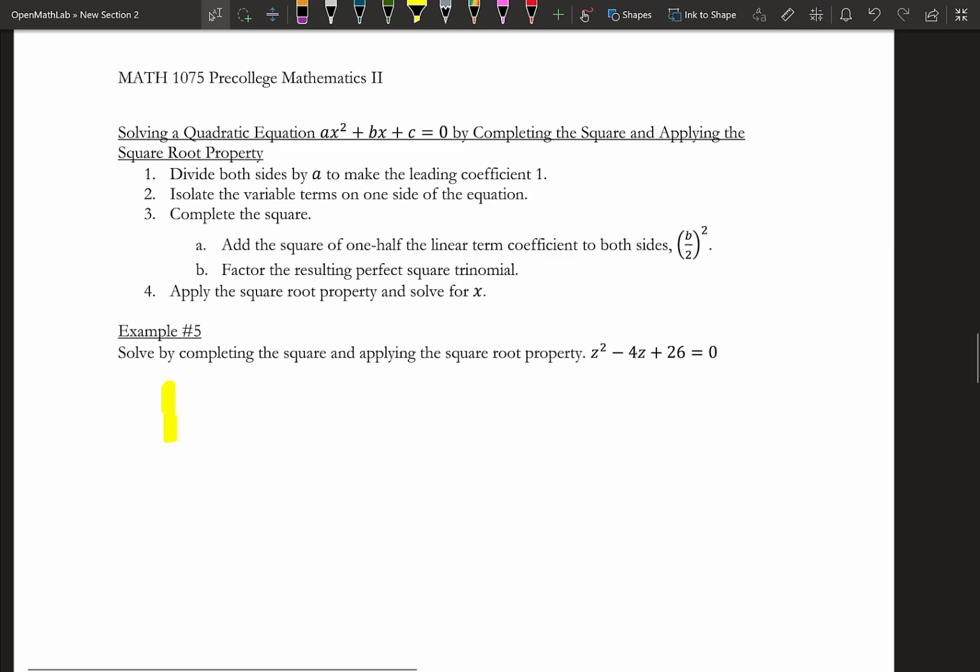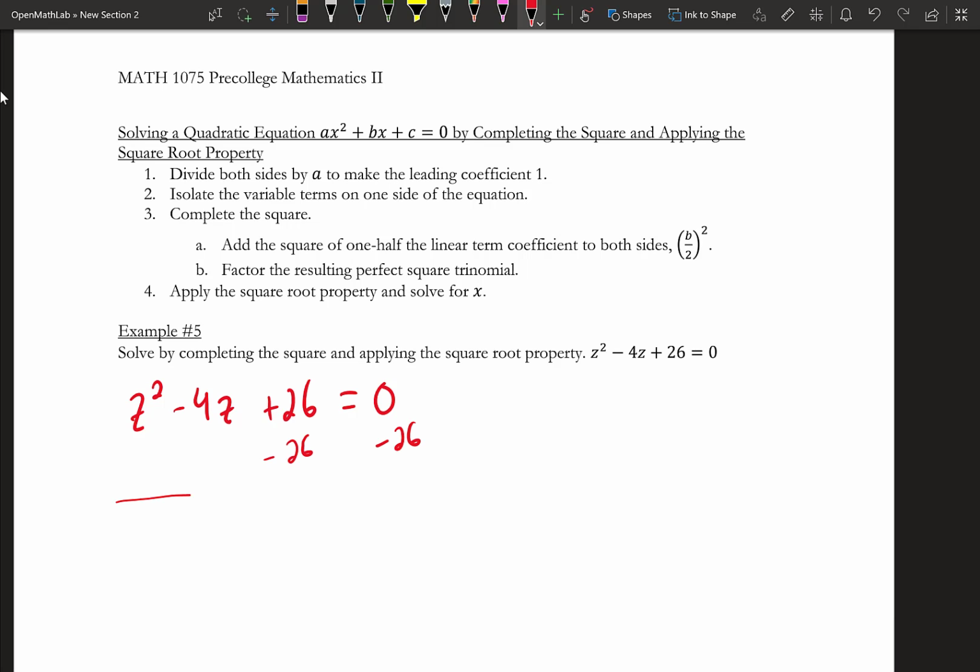So have one to start with. We have z squared minus 4z plus 26 equals 0. Step 1 I don't have to worry about because the leading coefficient's already 1. So then the next thing, I want to get rid of everything without a variable.